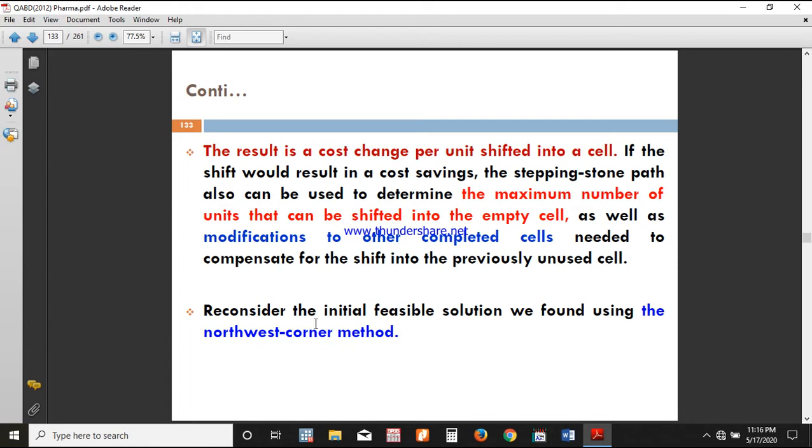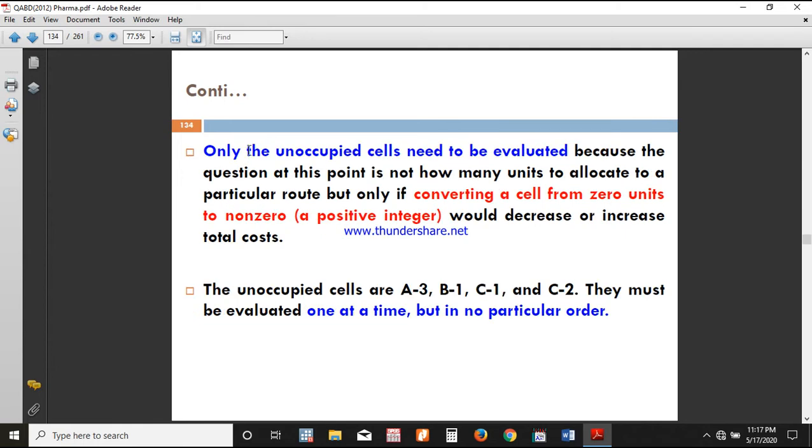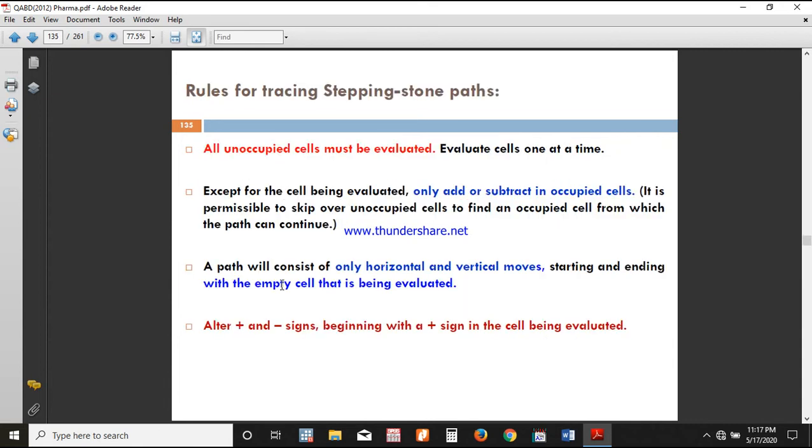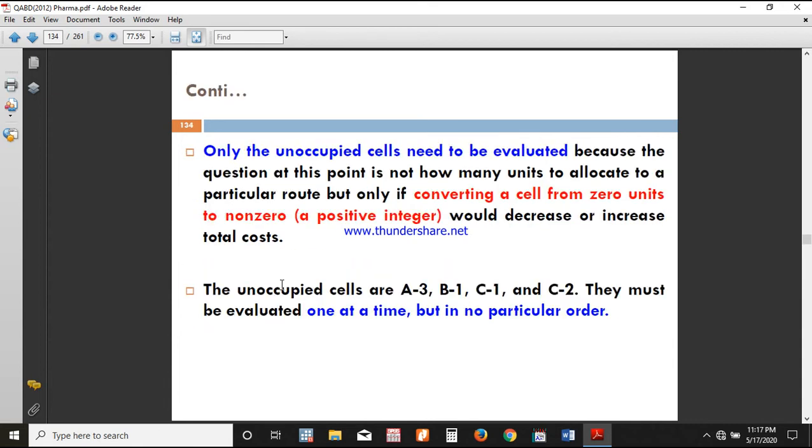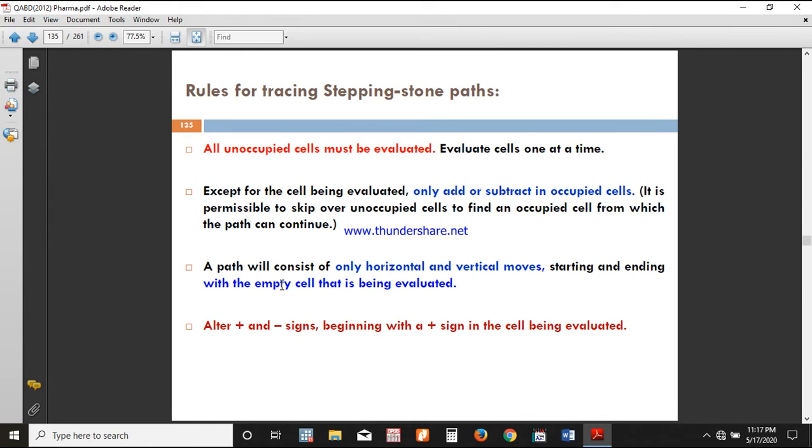You should also reconsider the initial feasible solution and find the best cost compared with the other 2 methods. Therefore, you can consider the northwest corner method. Only the unoccupied cells need to be evaluated. From the northwest corner values you can bring them here, and also all unoccupied cells.